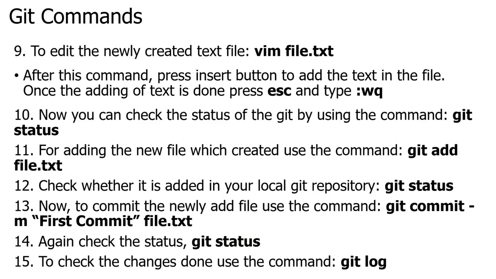So git status, we'll check the commit status. After everything, we may make one commit, and sometimes after completing we'll be making further commits, right? For checking what commits have happened, we'll use git log. So these are the commands which are used to create the local repository.